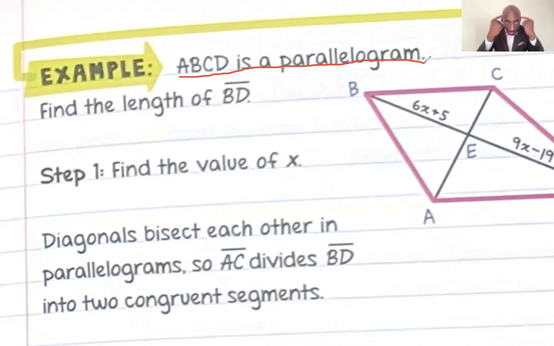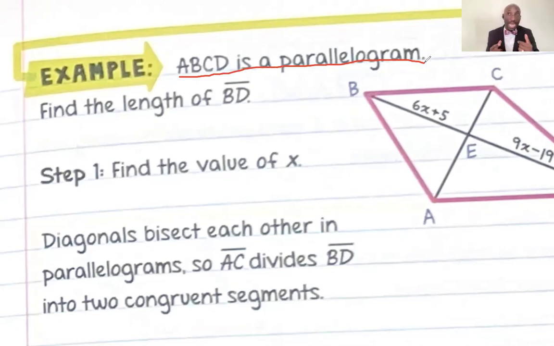You see how, in my mind, I'm already formulating. The diagonals create two pairs of congruent triangles. The diagonals bisect one another. The opposite angles are congruent. The consecutive angles are supplementary.